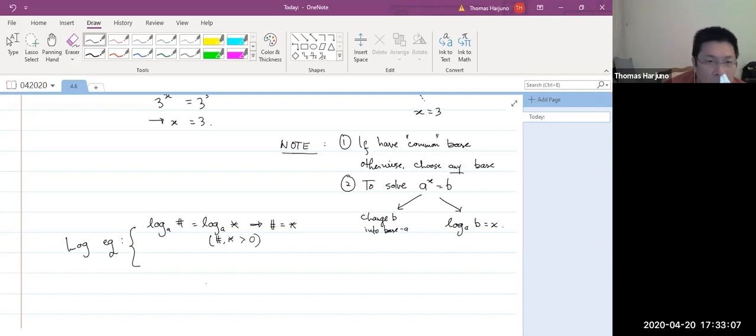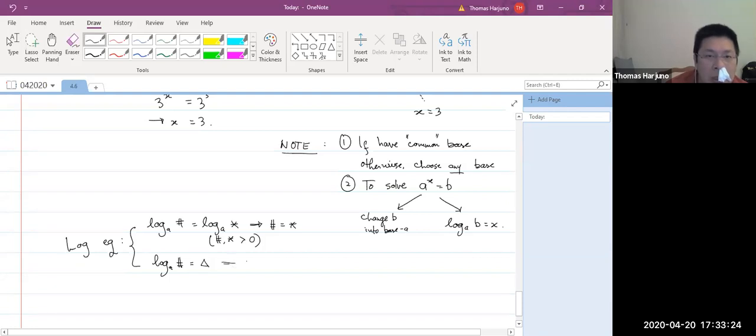The second form, if you have log base a of blah equals to a constant, let me call that constant a triangle. Now, if you have log equals to no log, then we change it into exponential form: a to the exponent equals to the argument.